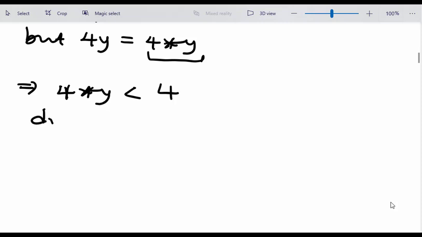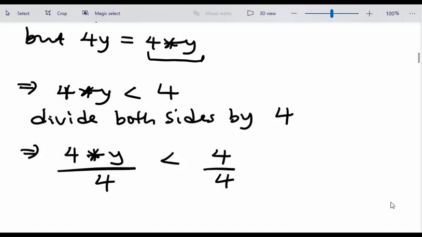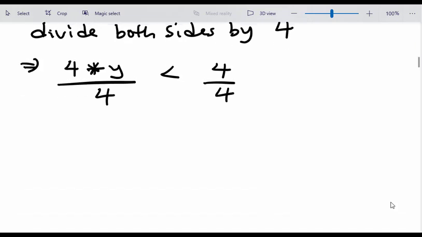So for that reason, we must divide both sides. You have to divide both sides by 4. We'll have 4 multiplied by y divided by 4 less than 4 divided by 4. This cancels this, we'll have y. This cancels this, so we'll have 1.